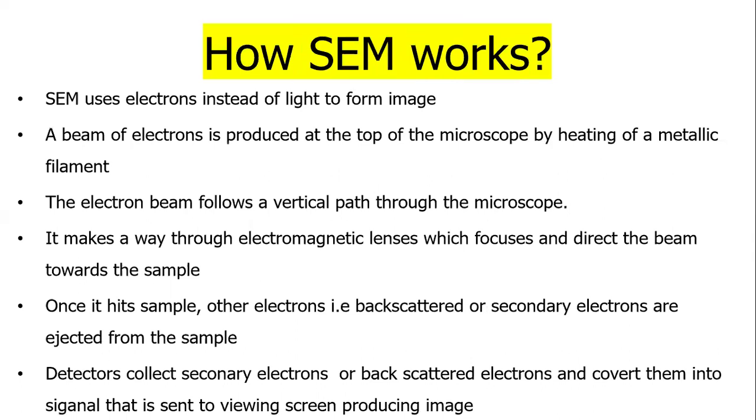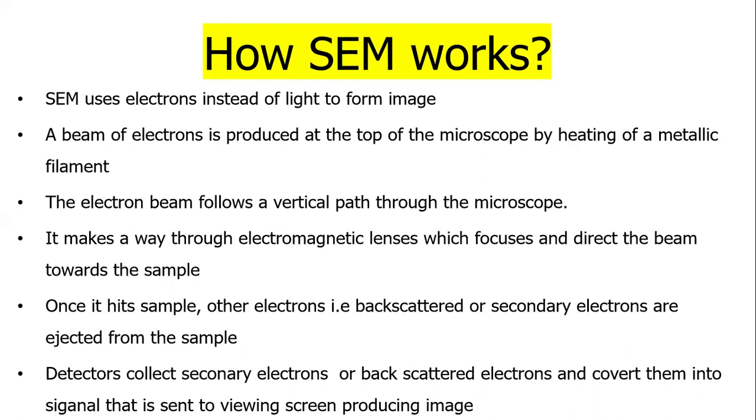How does SEM work? SEM uses electrons instead of light to form an image. A beam of electrons is produced at the top of the microscope by heating a metallic filament. The electron beam follows a vertical path through the microscope. It makes its way through electromagnetic lenses which focus and direct the beam toward the sample.